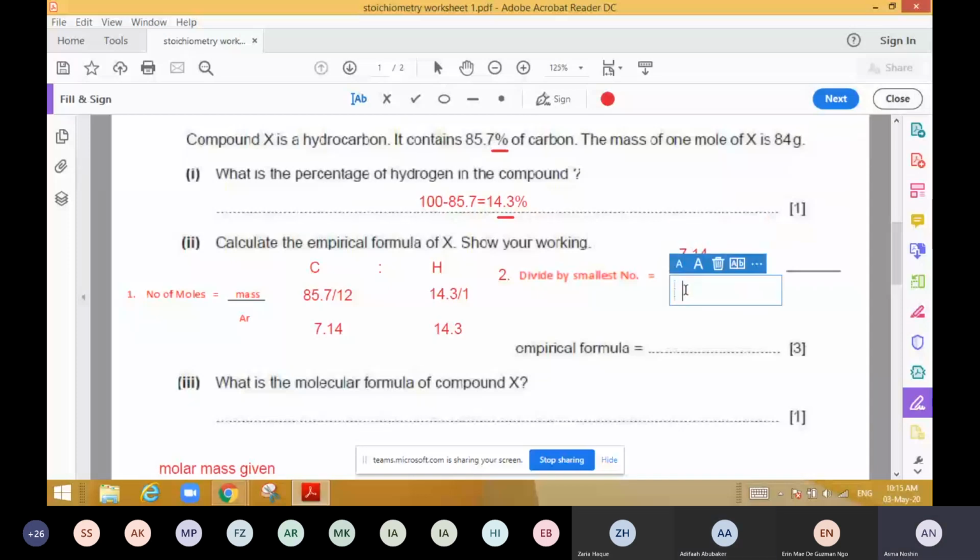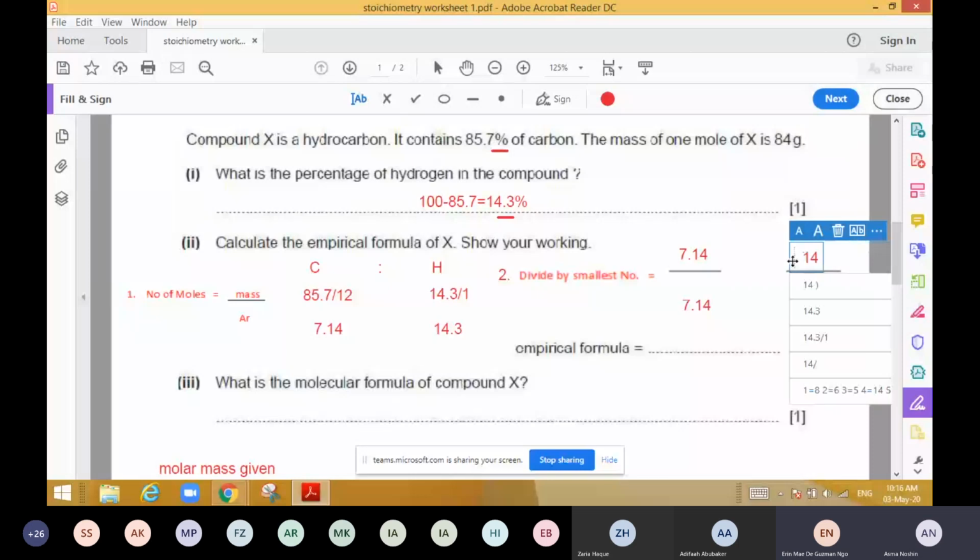Down we will divide it again by 7.14. Okay. So what will you get? Over here, what is the number given? It is 14.3 over 7.14, 14.3. Very good. And down, what will you divide it with? 7.14.